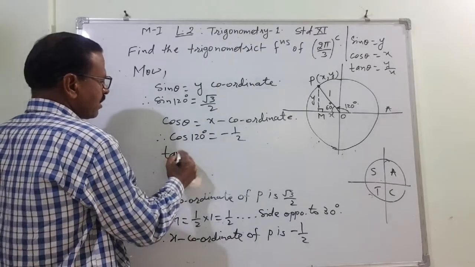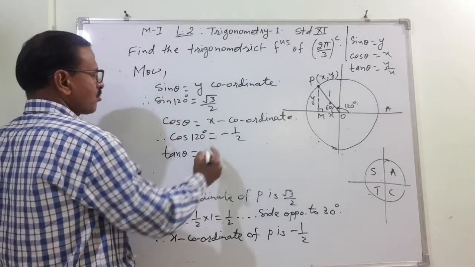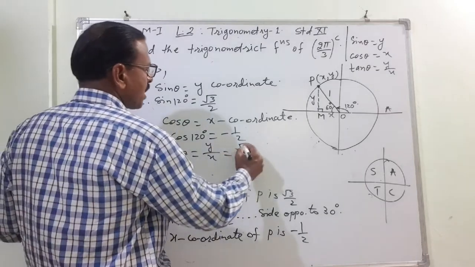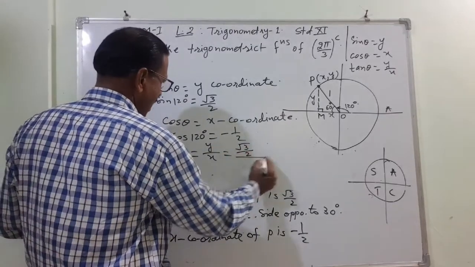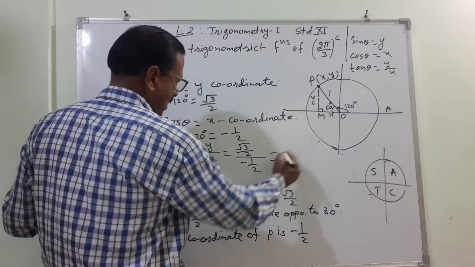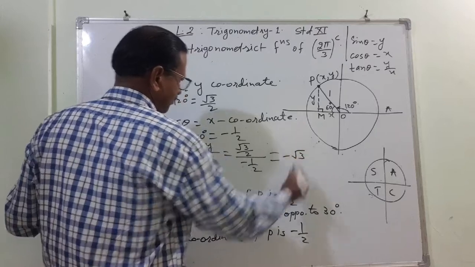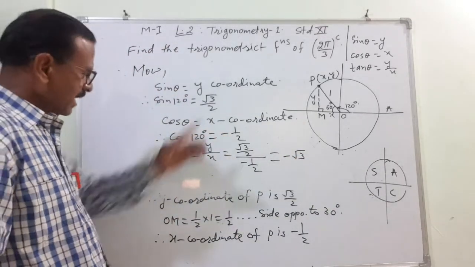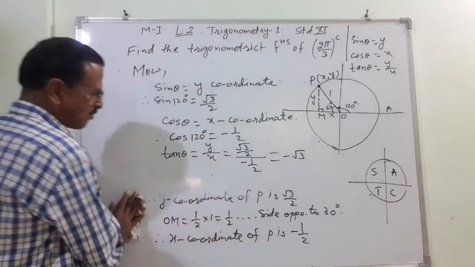Tan theta is equal to sin upon cos, means y upon x, that is equal to root 3 upon 2 upon minus 1 upon 2. This is equal to, these two cut, minus root 3. Check. Cos has also become negative, tan has also become negative, only sin is positive.